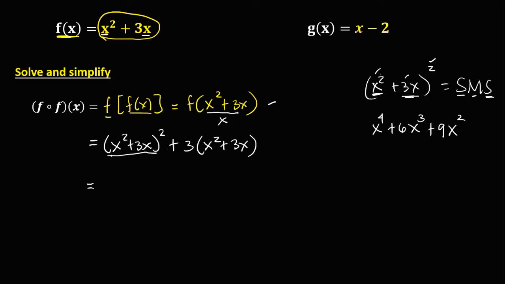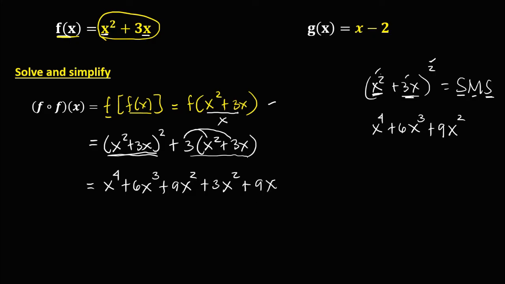Therefore, x squared plus 3x to the power 2 is equal to x to the power 4 plus 6x to the power 3 plus 9x to the power 2. Then for this term, apply the distributive property. Positive 3 times x squared is positive 3x squared. Then positive 3 times positive 3x is positive 9x.